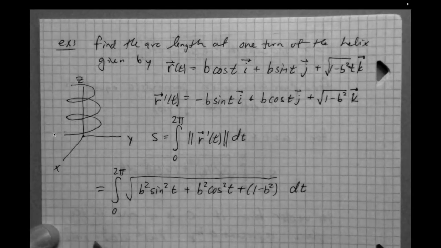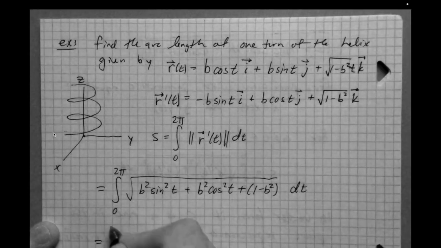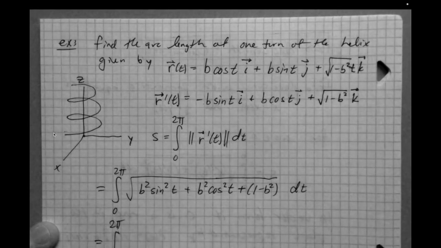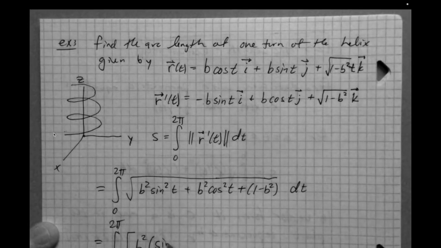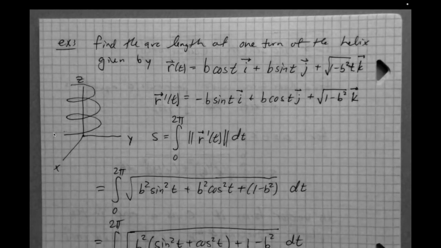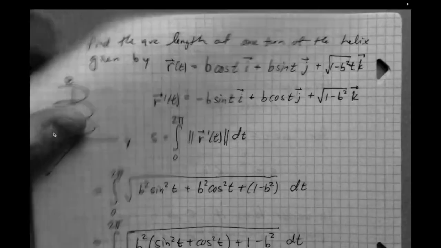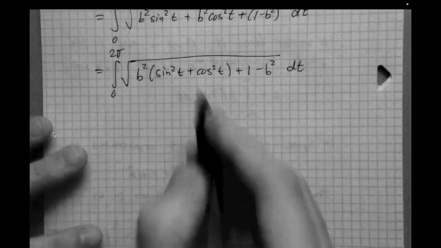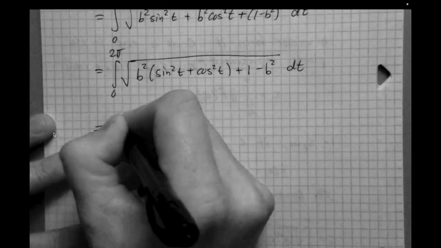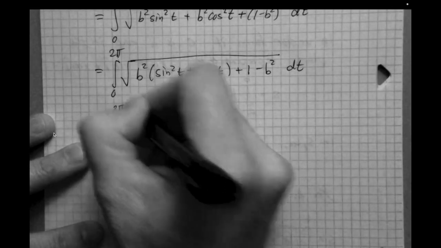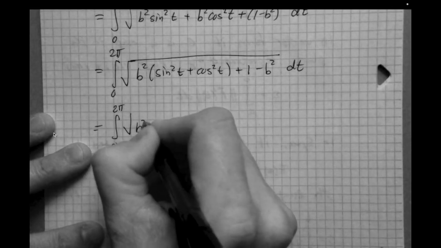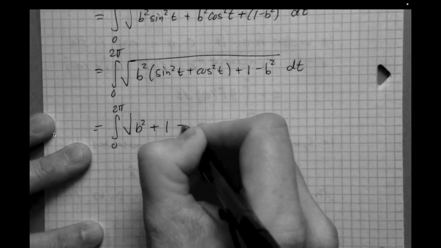Okay, and so this is a nice one because it cleans up a lot, right? So we can factor b squared out of this, and we get sine squared t plus cos squared t, and then plus 1 minus b squared, like so. And sine squared t plus cosine squared t is 1, so this is just the square root of b squared plus 1 minus b squared.